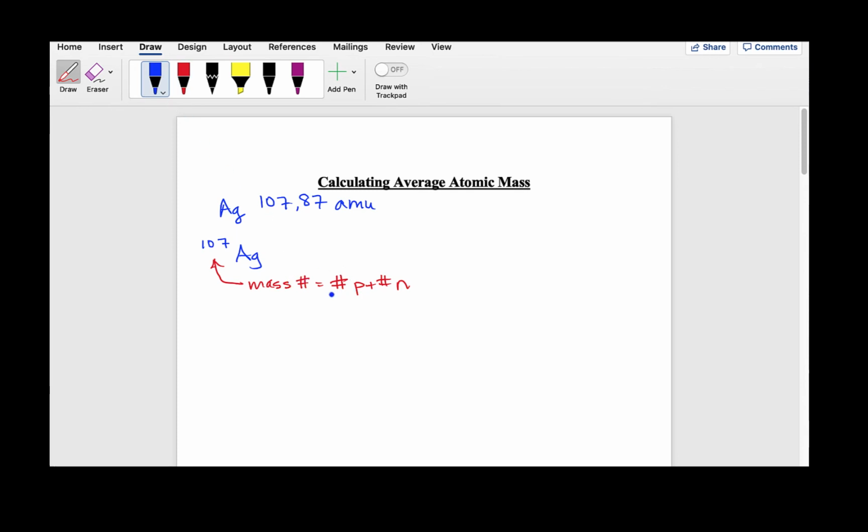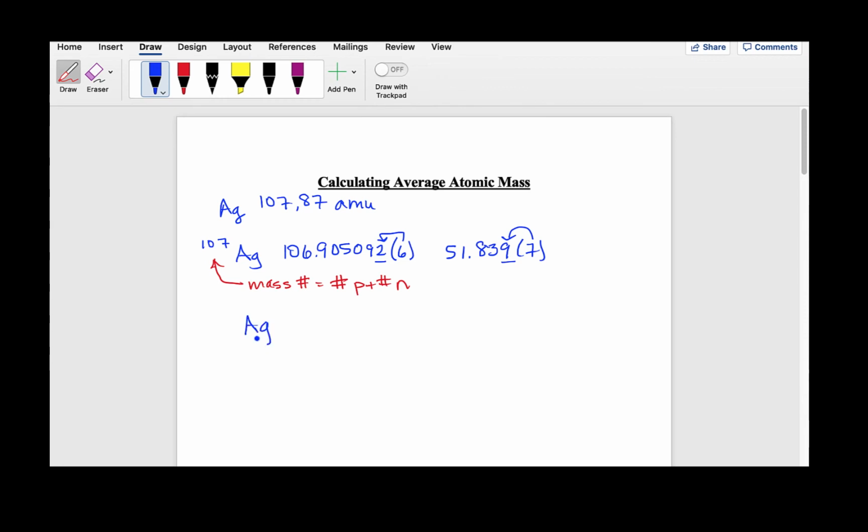So the mass of the silver 107 isotope was 106.905092, with 6 as the uncertainty in that place. And the percent abundance was 51.839 with an uncertainty of plus or minus 7 in this decimal place.